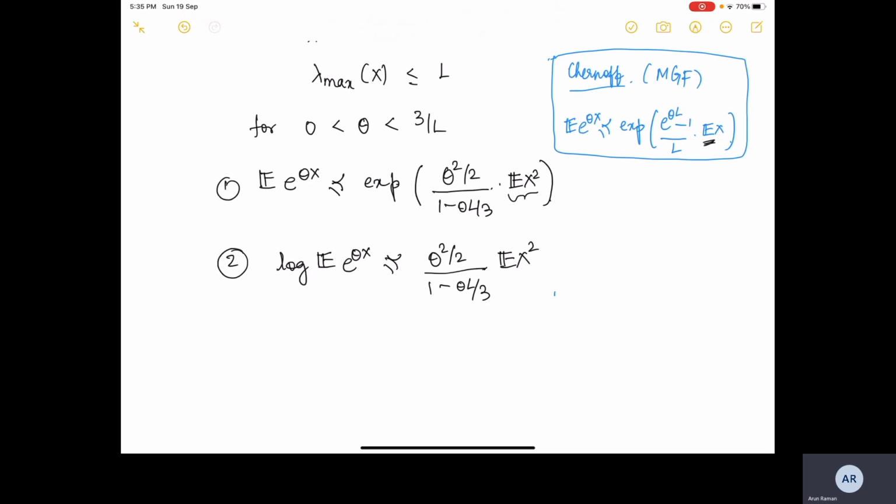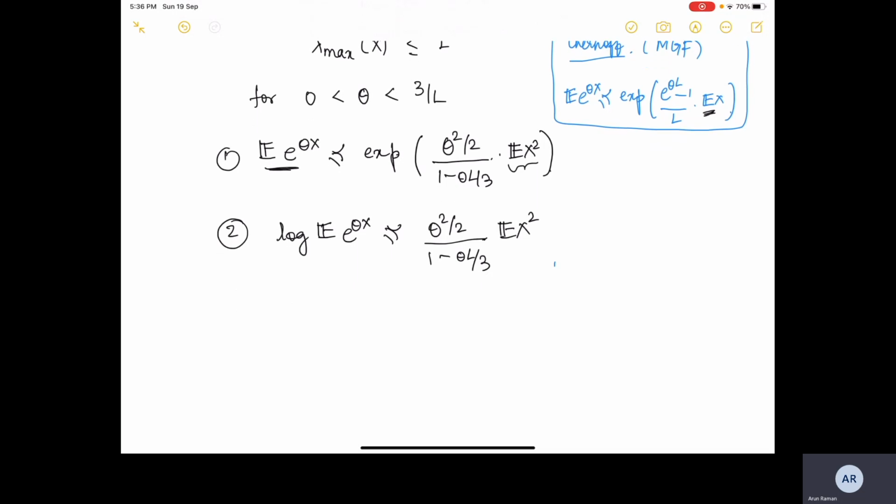There are some parallels between them, and the main effort in the proof is to somehow expose the X square term. We will start by taking the expectation of e raised to the power theta X, and then our endeavor will be to expose the X square term so that we can bring it into the picture.